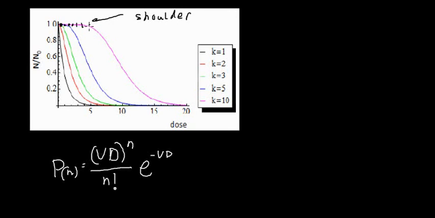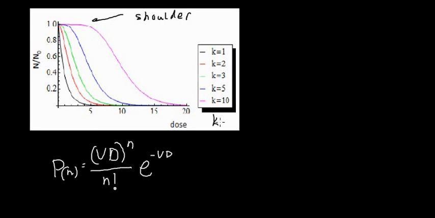So 8, 9, 10 hits, and now some of my molecules are going to be rendered inactive. That means that the more hits I need for my molecule to be destroyed, or my individual or specimen or organism to die, the longer my shoulder is going to be.